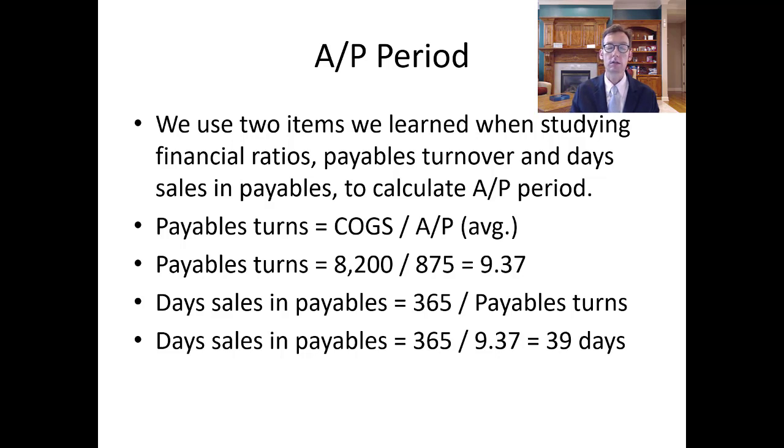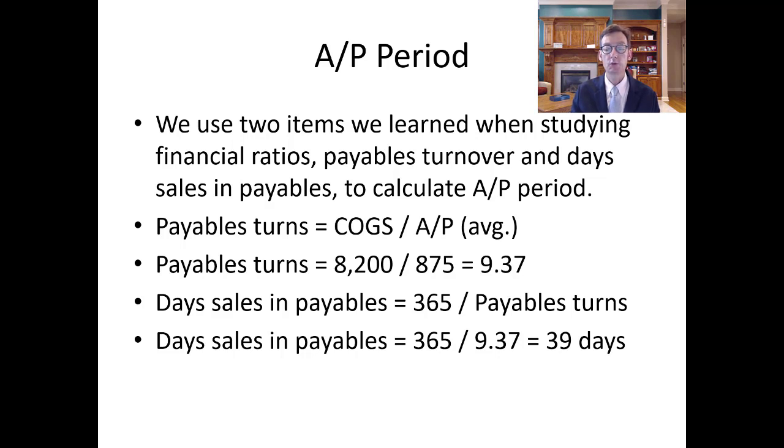What about our payables turns? Well, we're going to take that cost of goods sold, 8,200, and divide by 875, which is our average accounts payable. Now, there is an assumption here that all of our materials are being purchased on credit, and that's actually a pretty good assumption. And so what are our payables turns? 9.37.